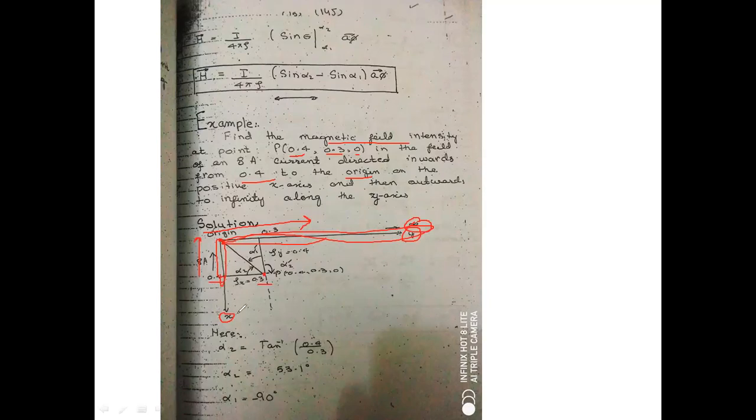So now the target is to find the H at this point. So now we have to find alpha 2 and alpha 1 for this conductor. This is the conductor, and this is the point of observation.